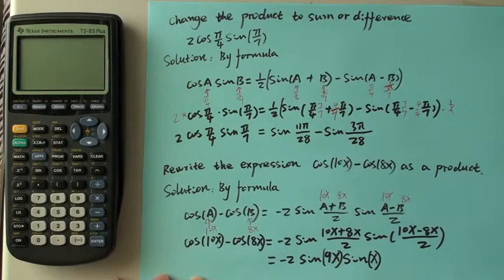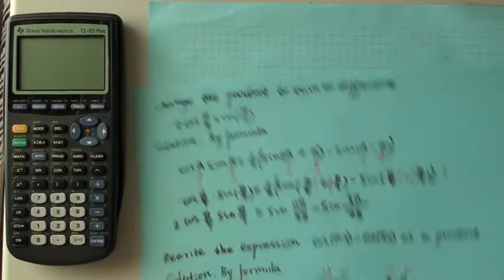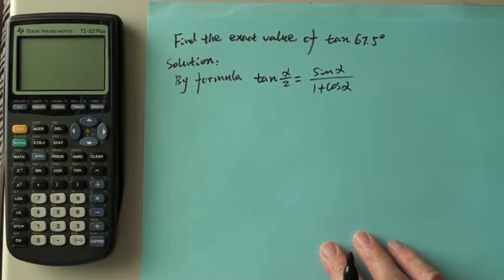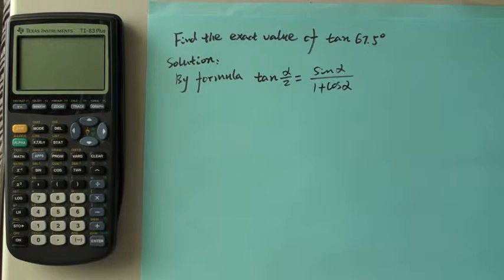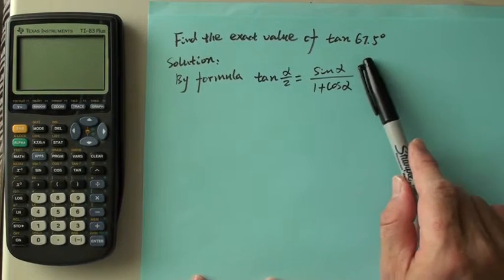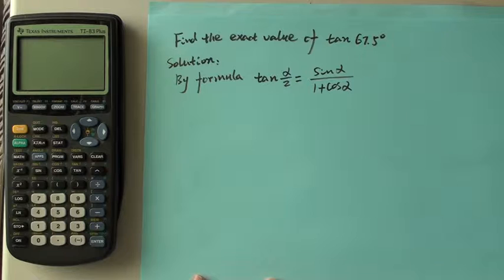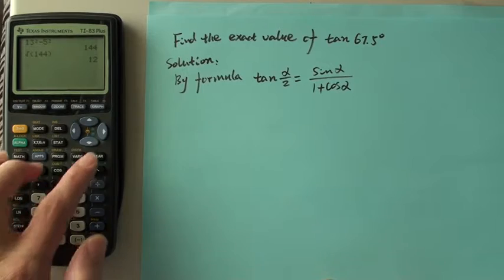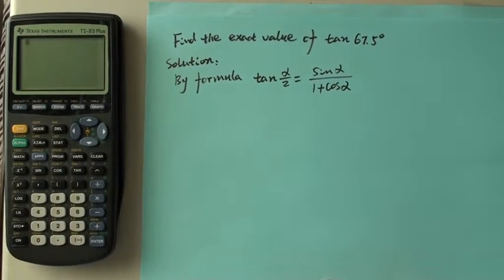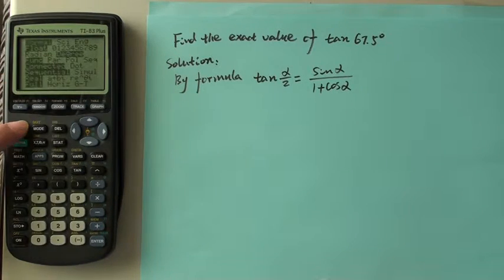Okay. Now we may do the third example. The third example is to find the exact value of tangent 67.5 degrees. The calculator cannot really help you. If you turn on your calculator, make sure the mode is in degrees.